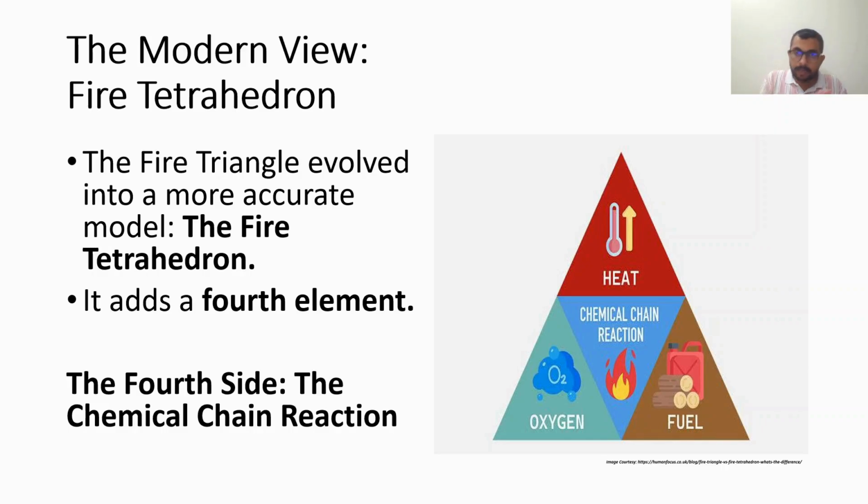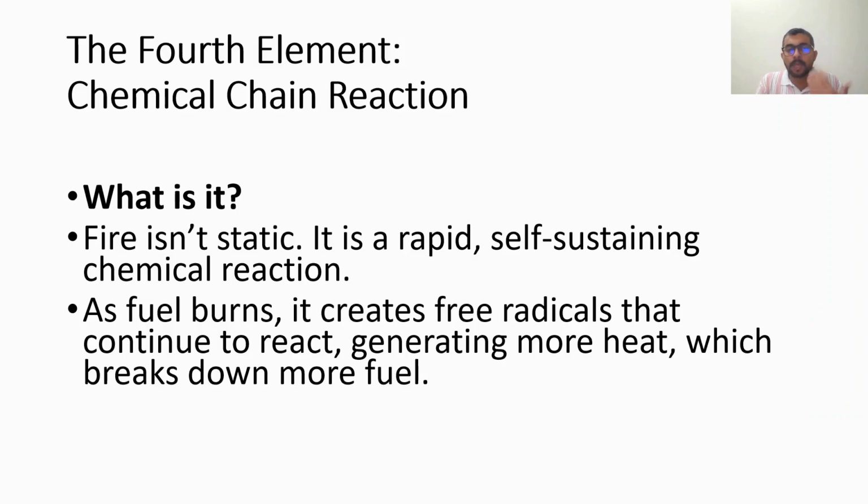If you see the fire triangle, we had three elements: oxygen, heat, and fuel. Now, as per the fire tetrahedron, we have a fourth element called the chemical chain reaction. It should be noted that the fire tetrahedron is considered to be more accurate when compared to the fire triangle. So let's see what the chemical chain reaction is.